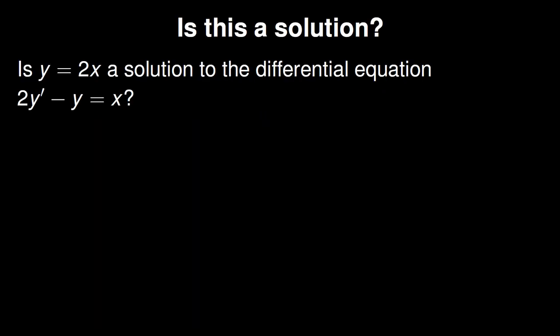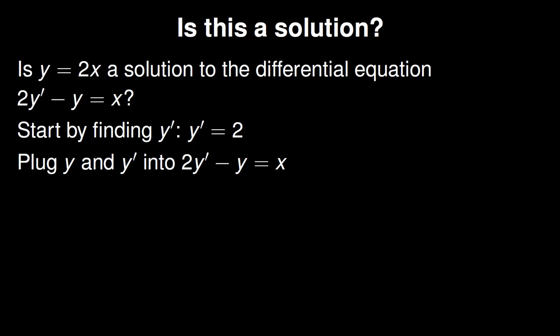As another example, what happens if we check if y equals 2x is a solution to this differential equation? Well, again, we start by finding the derivative. The derivative of 2x is 2. We plug these into this equation. And when we do so, we get 2 times 2 minus 2x equals x.